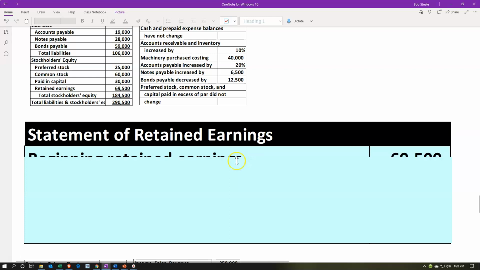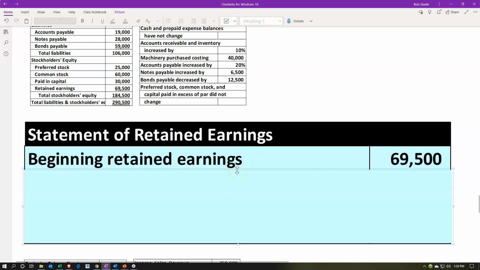So what we start with for retained earnings is the beginning retained earnings, meaning the $69,500 represents retained earnings that was on the balance sheet last year. The ending number as of December 31st last year is now the beginning number at the start of this year, January 1st of the current year, $69,500.